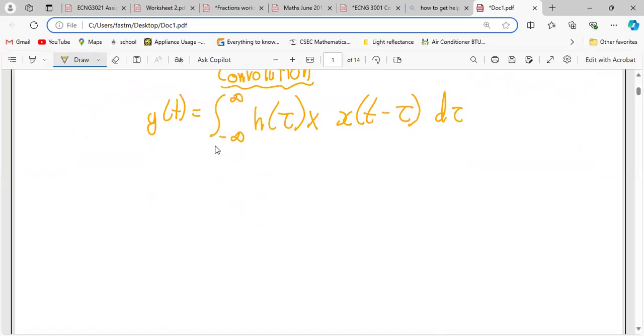Right? So this here and this here are functions that you will specify when you're doing the question. You're specifying what these things are, so that's not going to change.